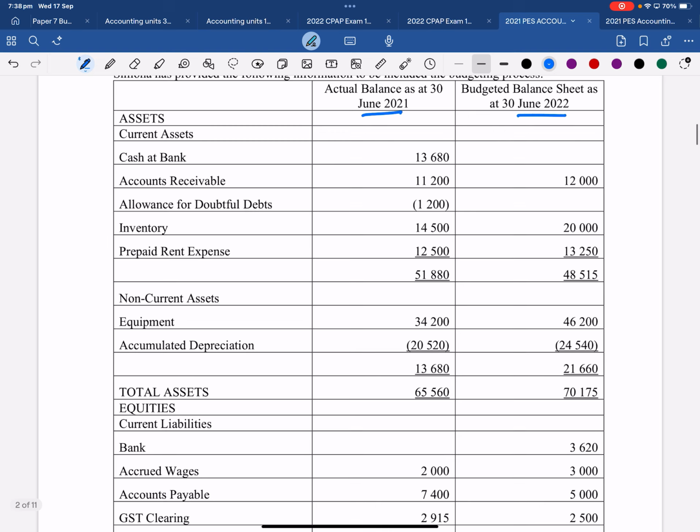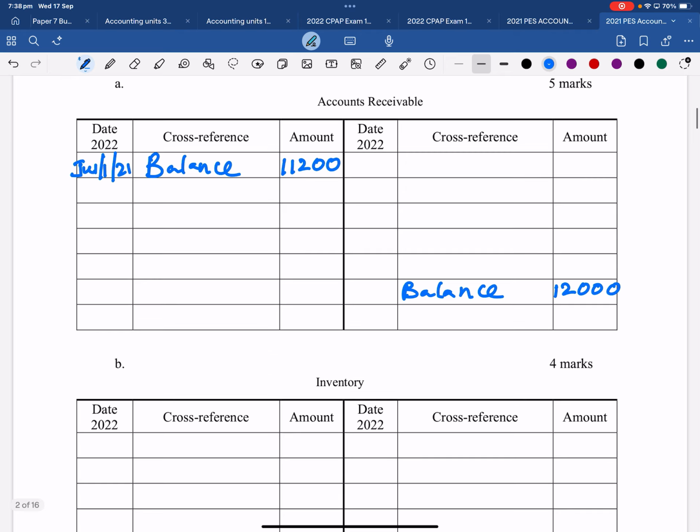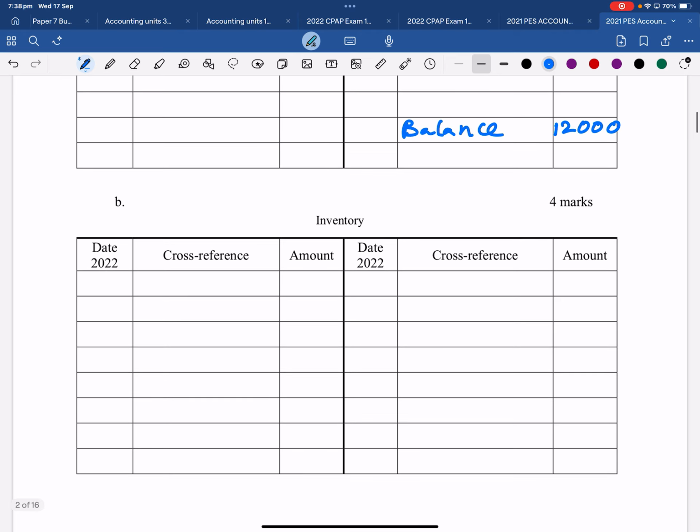If you want, we can do inventory as well. Shall we do inventory also together? 14,500 is opening, closing is 20. So the date again, July 1st, 21.